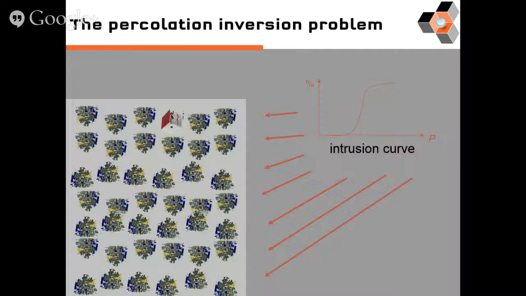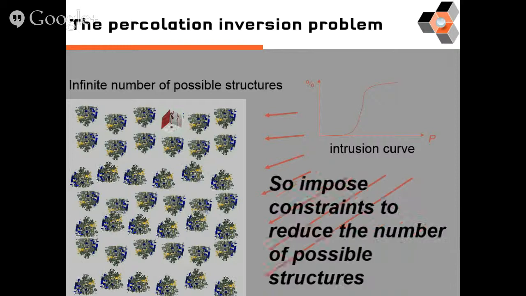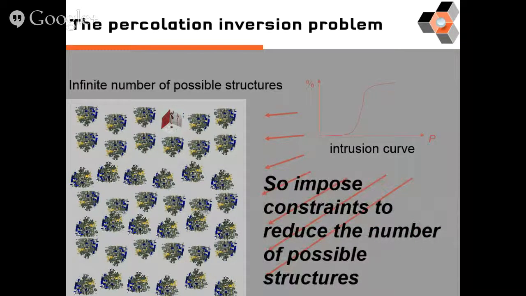So somehow we need to cut down on the number of structures. We need to impose constraints. So instead of an infinite number of possible structures, we impose constraints to reduce the number of possible structures.